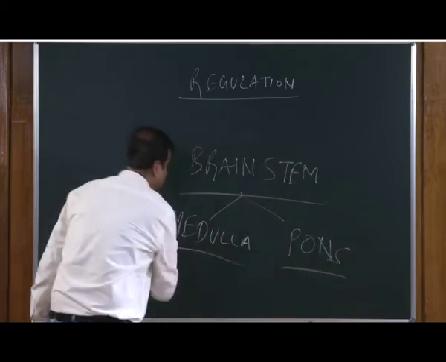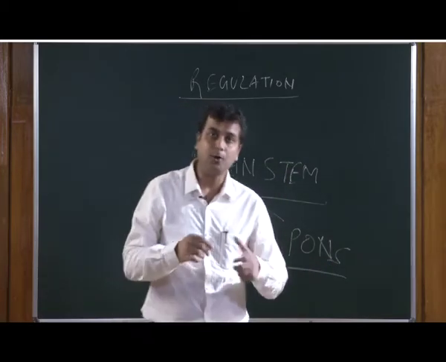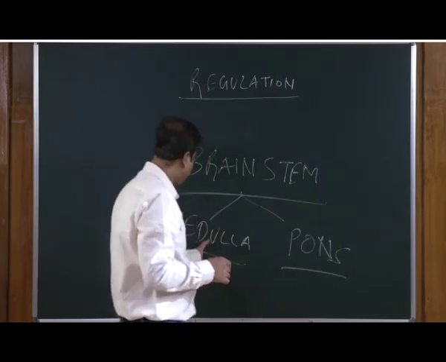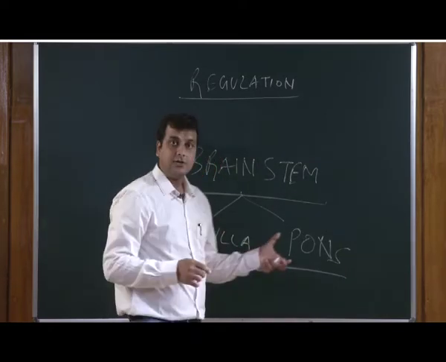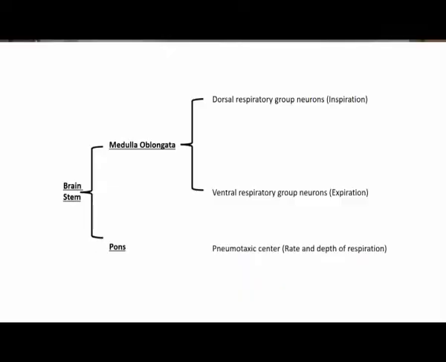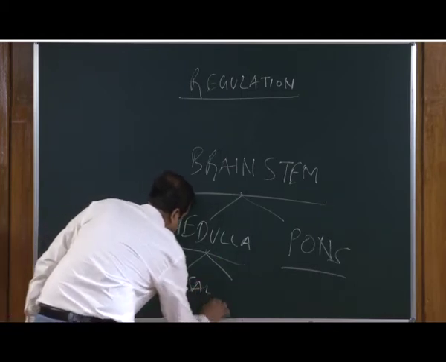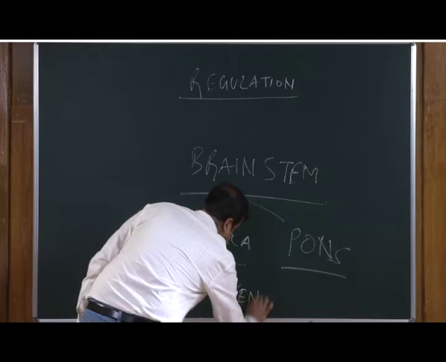This medulla is sometimes also called medulla oblongata. The medulla oblongata is divided into two as shown in the slide: dorsal respiratory group neurons and ventral respiratory group neurons. So, one is dorsal and the other one is ventral.